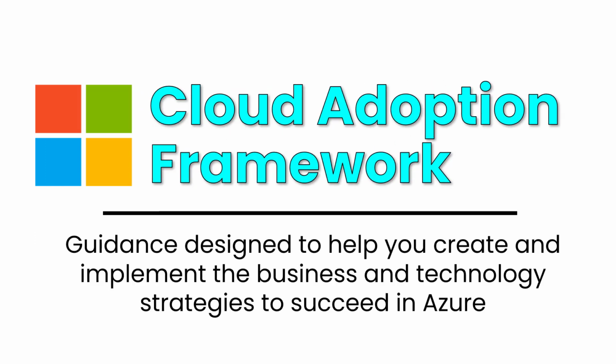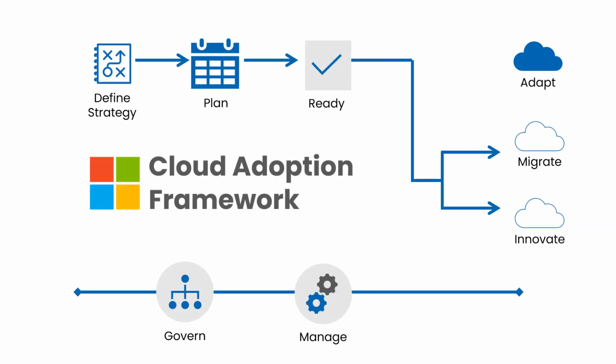So the Cloud Adoption Framework. This is guidance from Microsoft designed to help you create and implement the business and technology strategies your organization needs to succeed in Azure. The framework has basically 5 phases. There's defining your strategy, plan, and readiness. And Microsoft provides resources and best practices to help you get there, essentially.